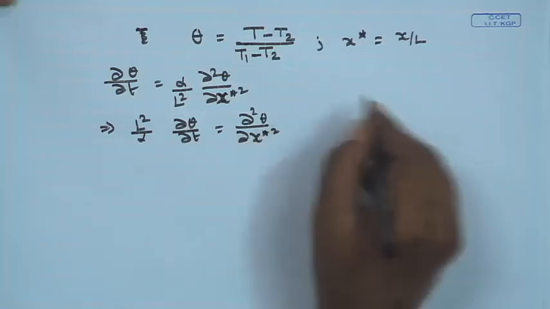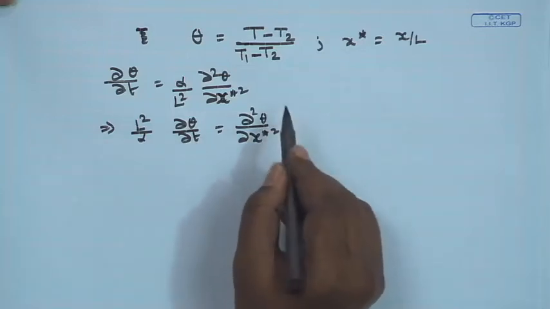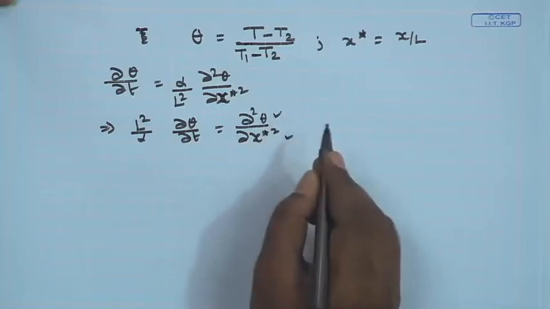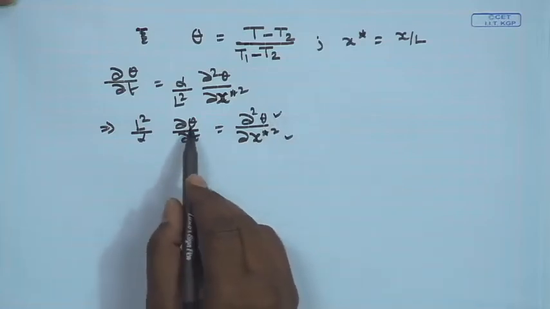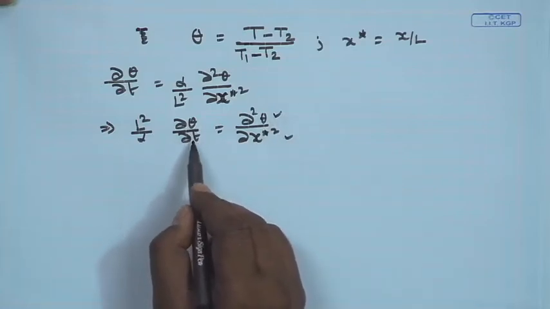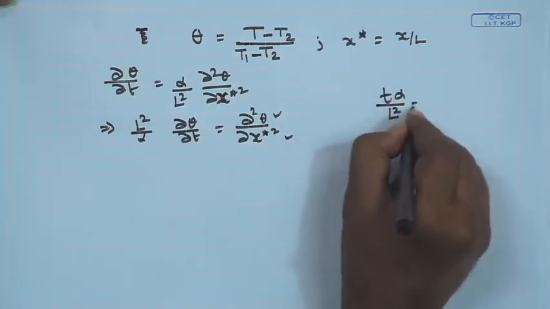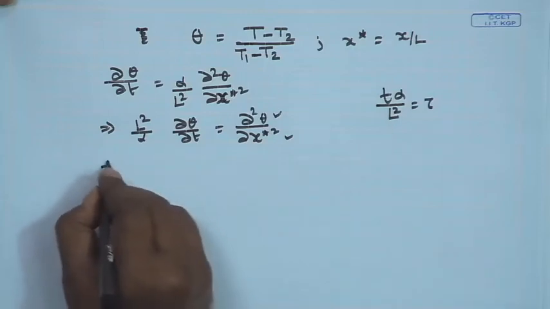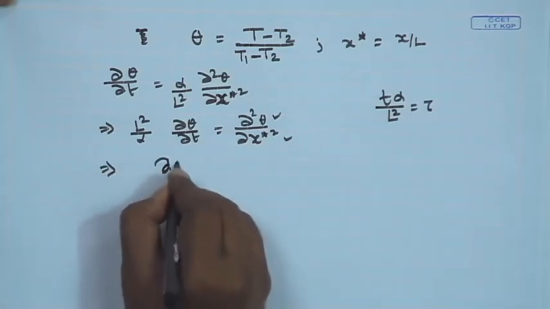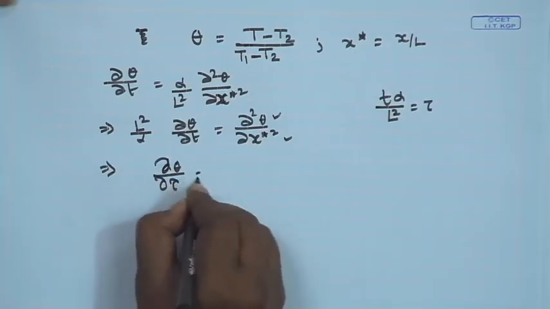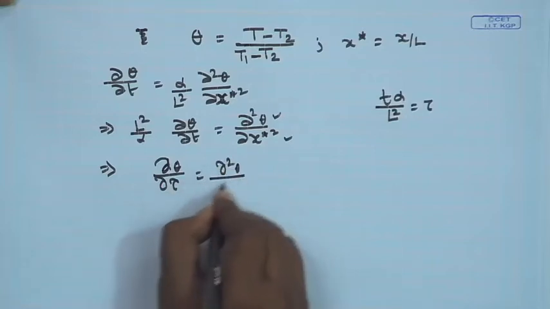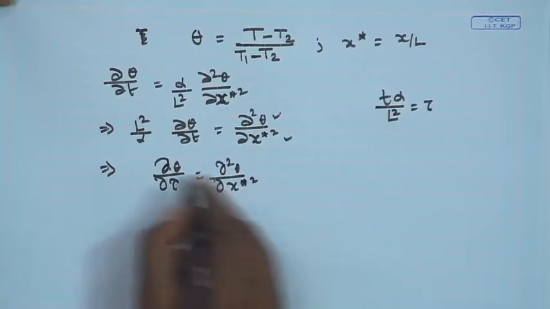The right hand side is completely non-dimensional, both numerator and denominator. On the left hand side, the numerator is non-dimensional, but the denominator is not. Therefore, t alpha by L square is my non-dimensional time. So, I write this as del theta del tau is equal to del square theta del x star square.